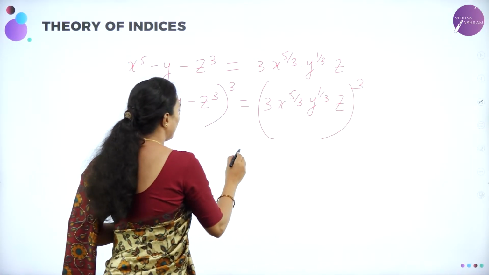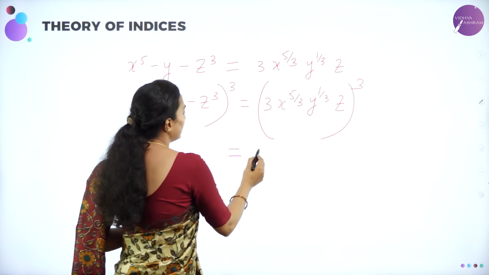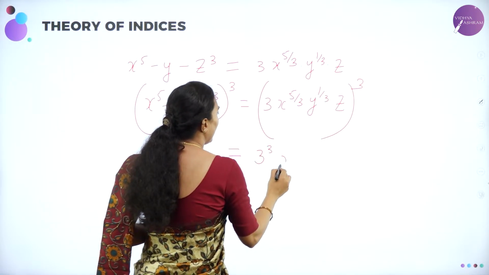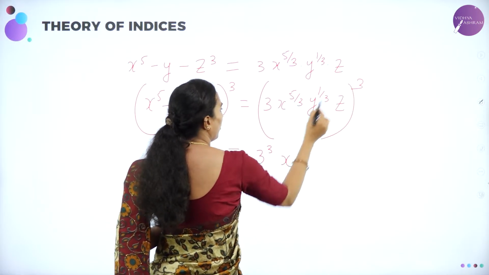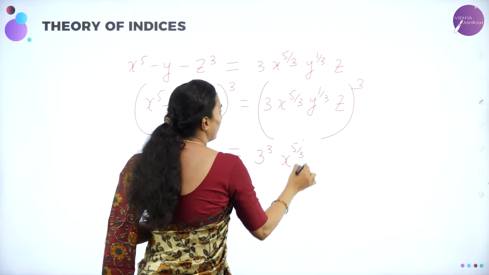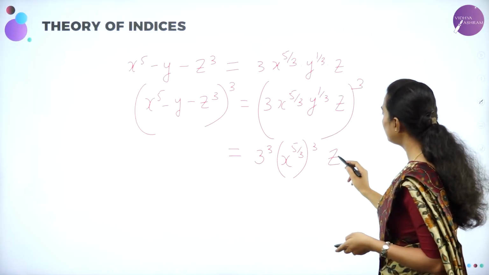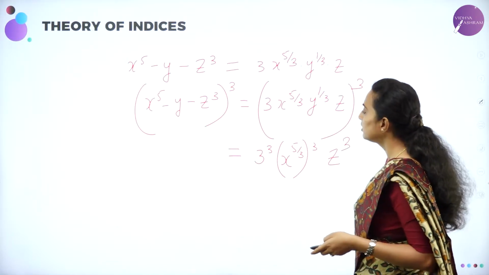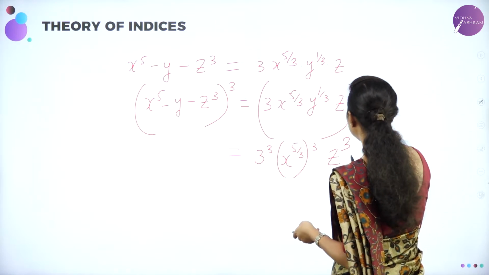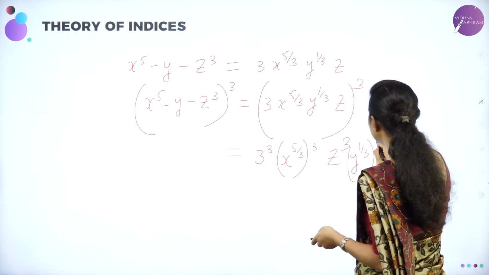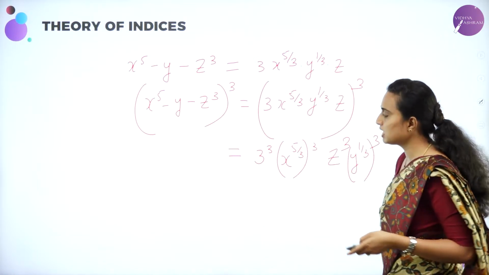Now you can write the right hand side as 3 power 3, each power you can raise, into x to the power of 5 by 3 whole power 3 into z to the power of 3, correct? I forgot to write this, I am going to write it here. Y power 1 by 3 whole power 3. Anything multiplication will be the same, correct?